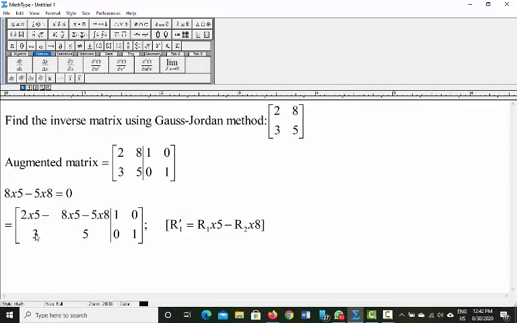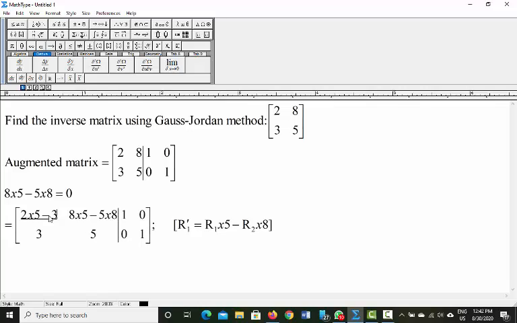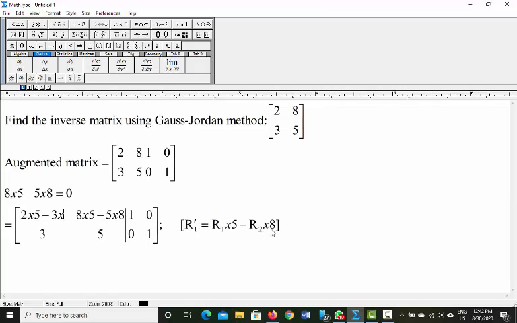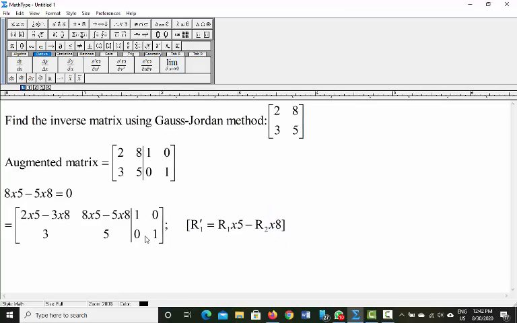In row 2 we have 3, and we will multiply it by 8. Similarly with this one, we will multiply it by 5 minus 0 multiplied by 8, because in the second row we have 0, right?